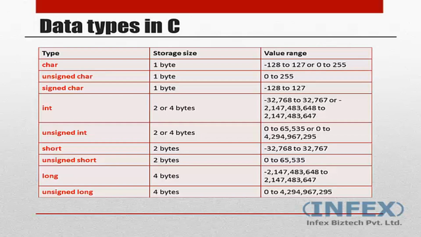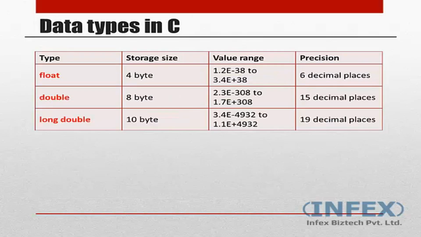Now let's go to the floating point data types in C. Float, its storage size is 4 bytes and it holds the given value range and its precision is 6 decimal places.